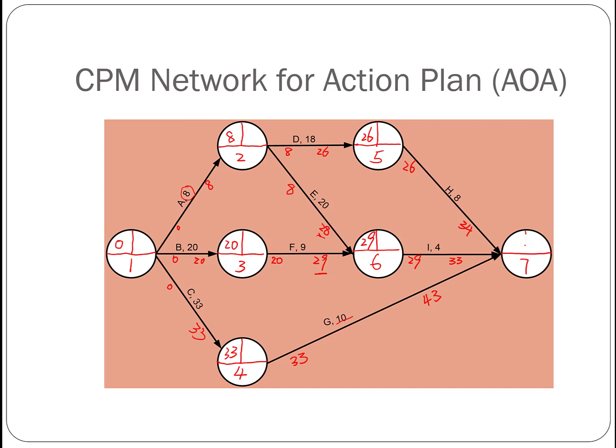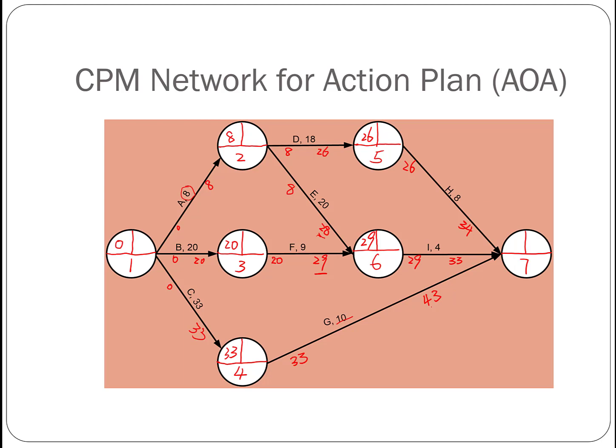This event represents the completion of the entire project. So the entire project will be completed once H, I, G, which are the last activities to be completed. When these are done, then our project will be done.